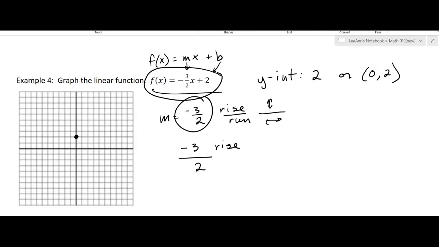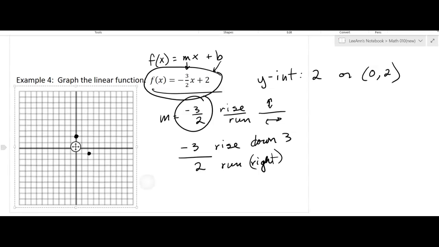So my rise is going to go down 3, and then my run is going to go to the right 2. This is going to the right, and this is going down 3. And then I can keep doing that, down 3 and to the right 2.